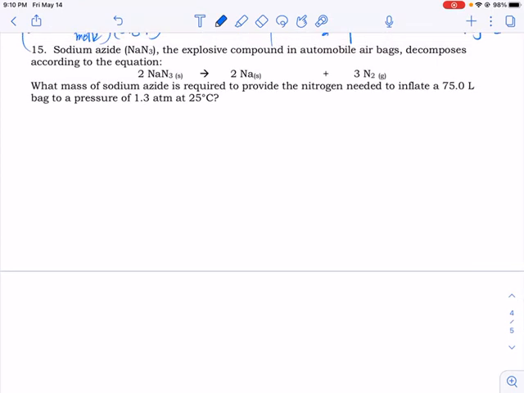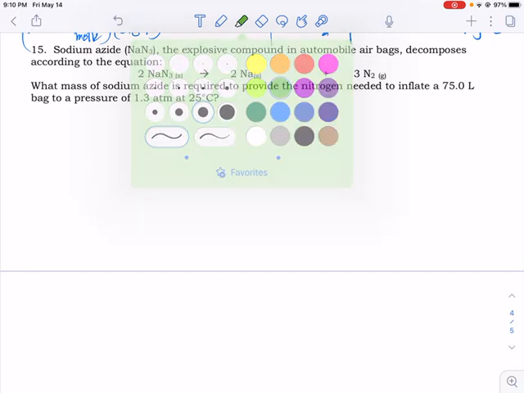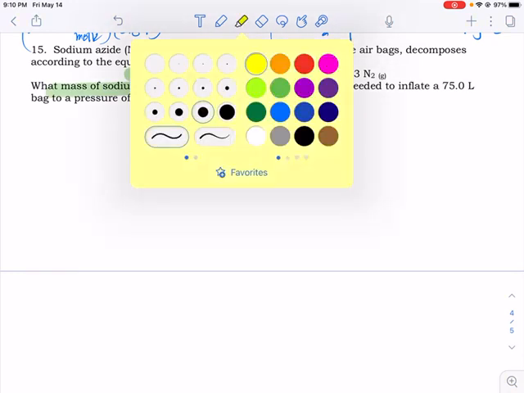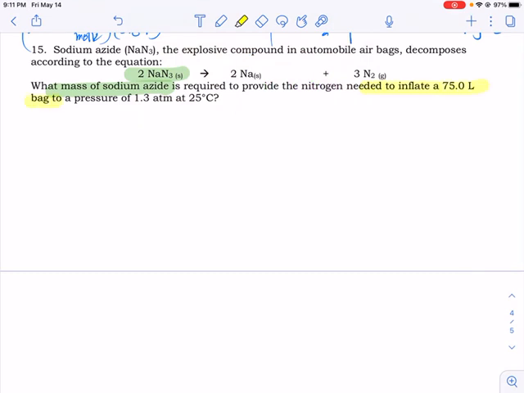Sodium azide decomposes according to this equation. What mass, this is our unknown, of sodium azide is required to provide nitrogen that will inflate a 75-liter bag?